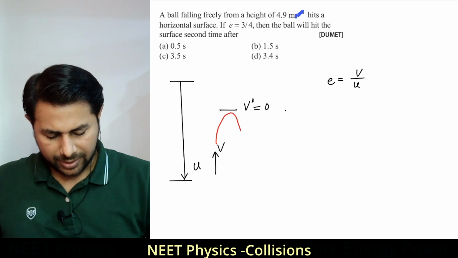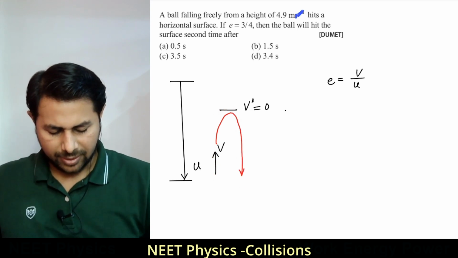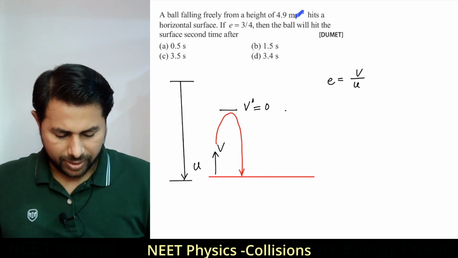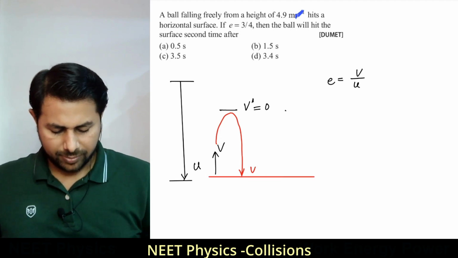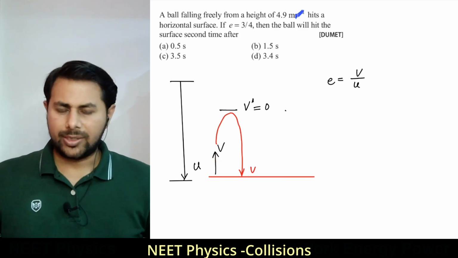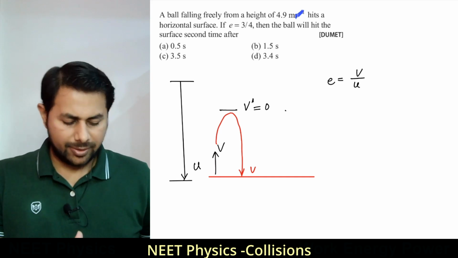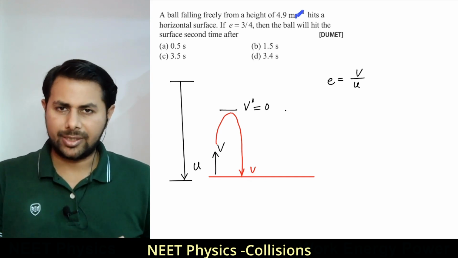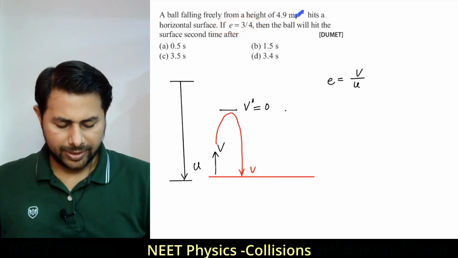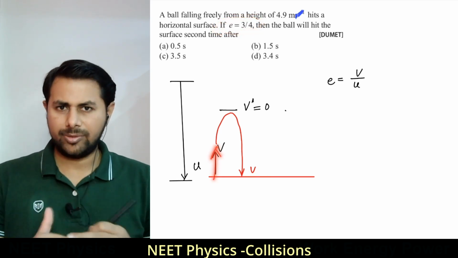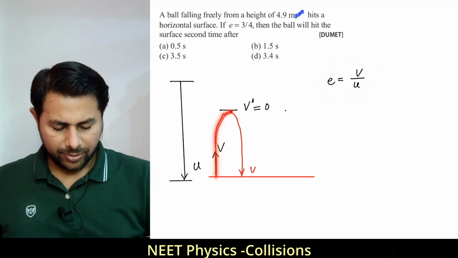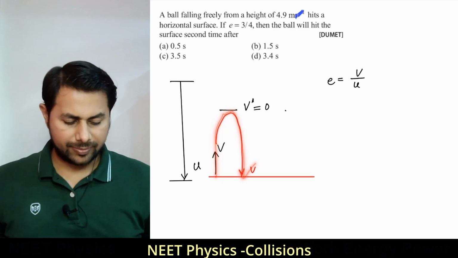So it will again hit the ground with speed v only, because of conservation of energy till then. After that its speed will decrease because the coefficient of restitution is 3 by 4. But it rebounds with some speed, which we can calculate from this formula, then goes to some height and again comes back.